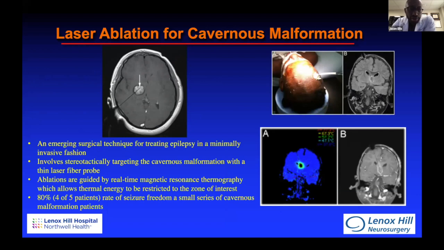We use stereotactic targeting of a laser electrode to the center of the lesion, and rather than removing it, this is a rather deep malformation, we'd have to go through quite a bit of brain to get to it and remove it. Well, with the laser technique, you leave the cavernoma in place, you put the electrode into the center of the lesion, and you essentially burn it.